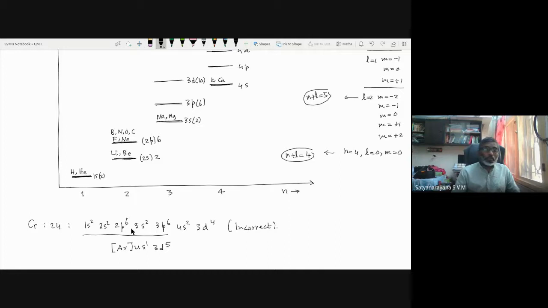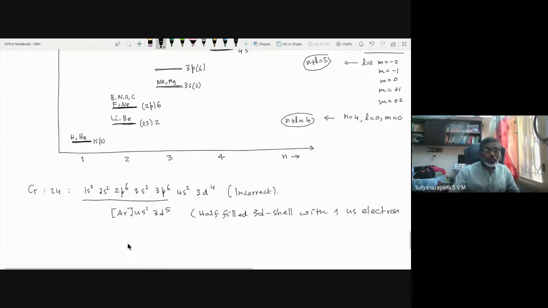Okay, so this is because a half-filled d shell with one 4s electron, half-filled 3d shell with one 4s electron, is more stable. I'm just writing what you would have read in textbooks.